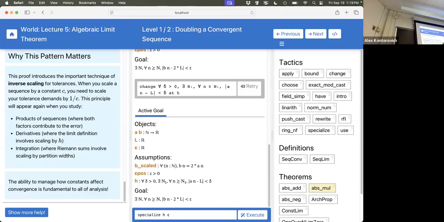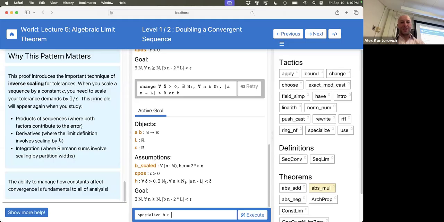If I stick in epsilon here, then I'll be able to show that an minus L is less than epsilon. But what I actually want to know is that 2n minus 2L is less than epsilon. So this is where the scratch work ahead of time says, oh, I'm going to want to divide this equation by 2 and say 2n minus 2L is less than epsilon is the same thing as an minus L is less than epsilon over 2. So actually, I need to set delta equal to epsilon over 2 in order to get what I need.